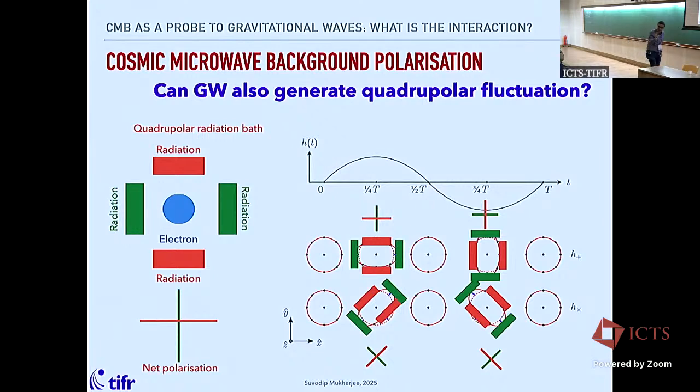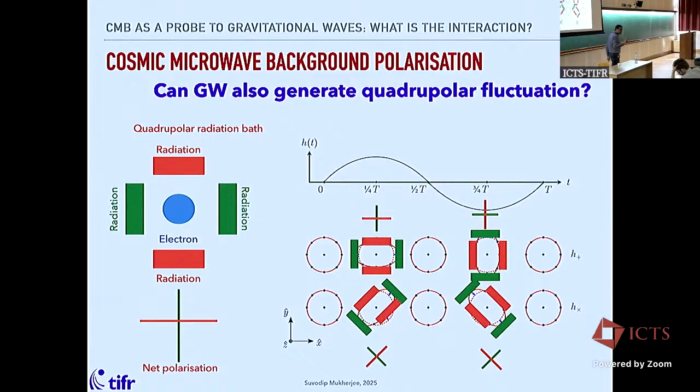So plus and cross polarization induces linear polarization in the CMB. I repeat again, plus and cross polarization of gravitational waves induces linear polarization in the cosmic microwave background, which have different orientations as it propagates.